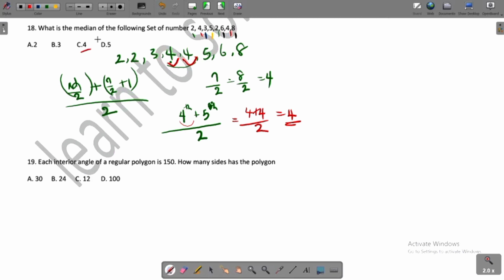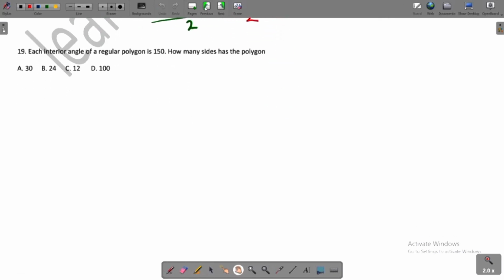The next question, that's question 19. If you solve this question, we are asked to find the sides of a regular polygon. It means the sides are equal.